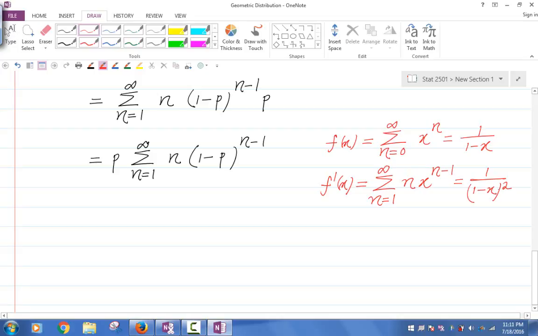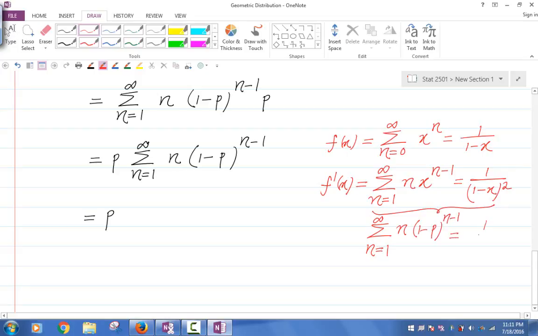Notice that in this formula, let's replace x by 1 minus p. If we do that, I get exactly the sum that I need to evaluate.